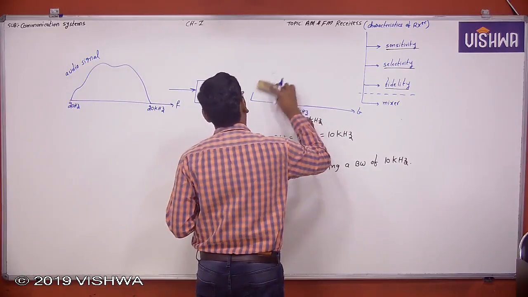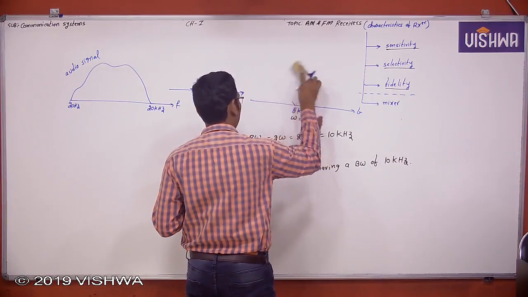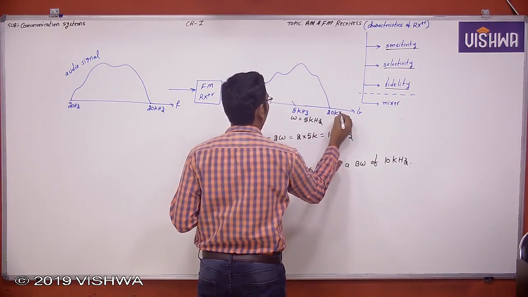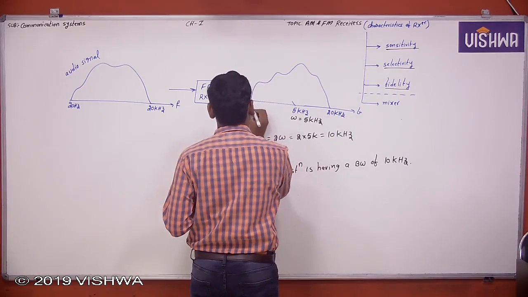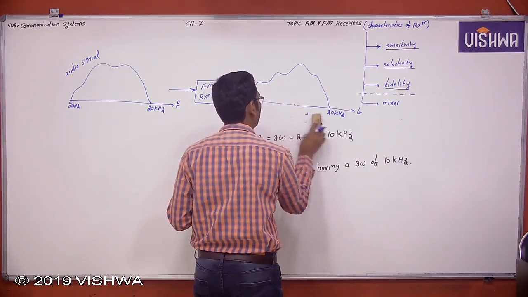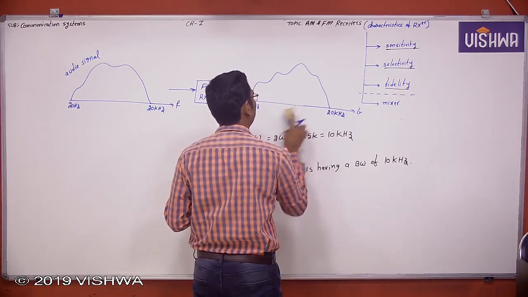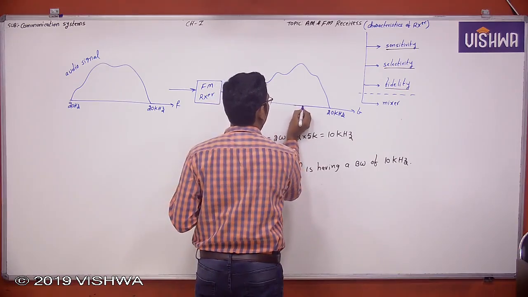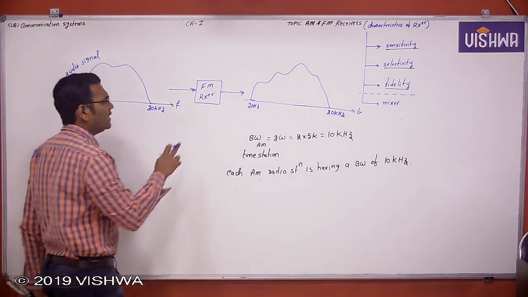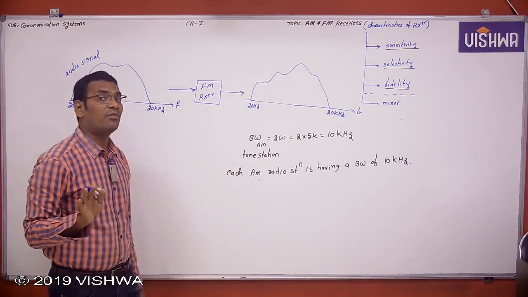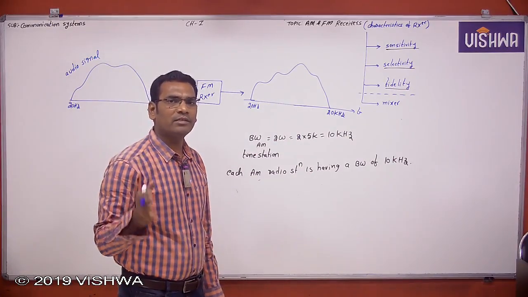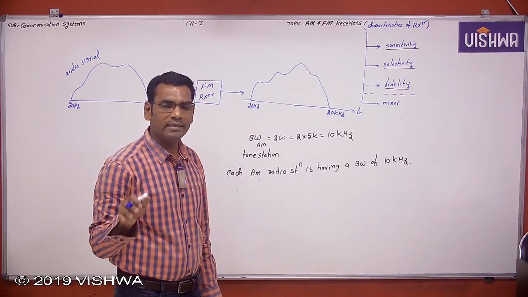So in FM, almost all audio frequencies are reproduced. In FM, all audio frequencies are reproduced, because the fidelity is very high in FM because the effect of noise is less in FM. Now why is the AM audio signal band limited to 5 kHz? Because the effect of noise is more, fidelity is less in AM.